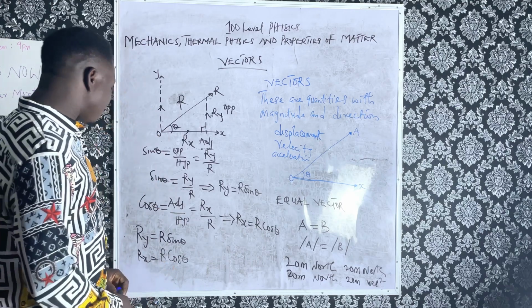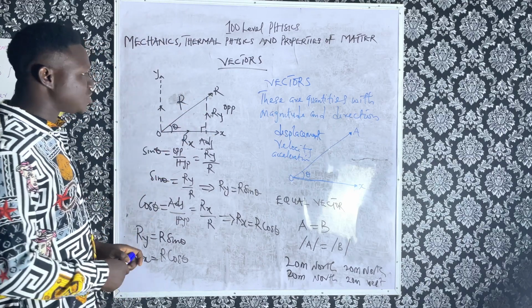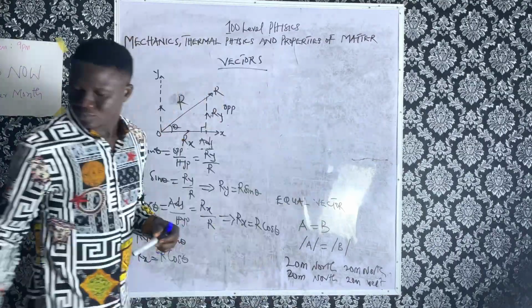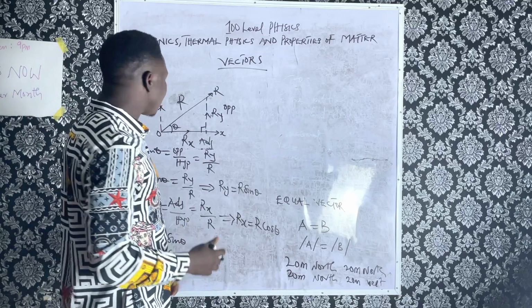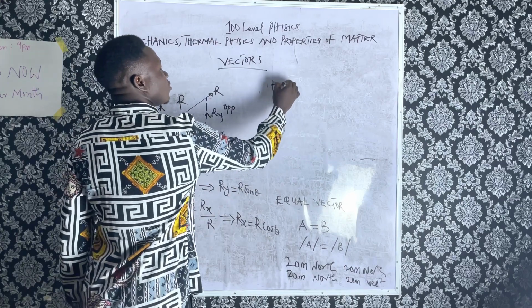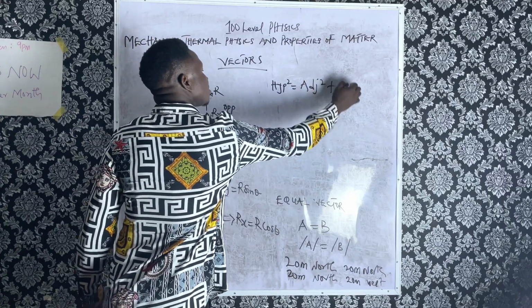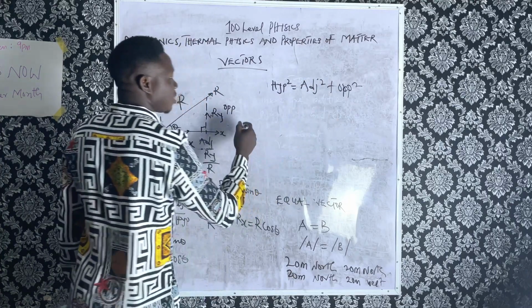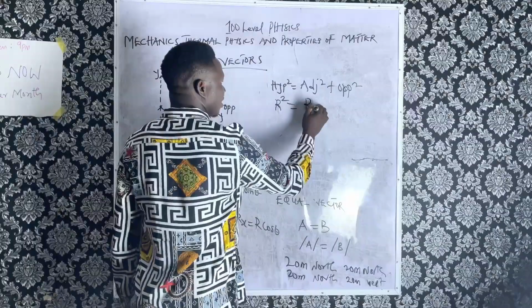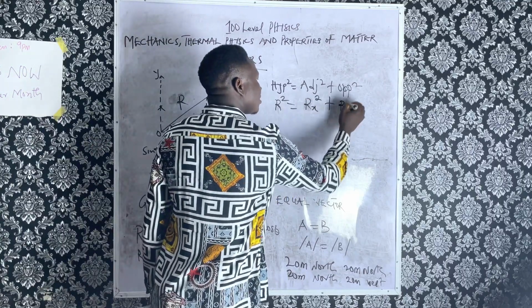Now, if I want to get the resultant force, if I add up everything here, all I use is the simple Pythagoras theorem that says hypotenuse squared is equal to the sum of the squares of the other sides, plus opposite squared. So R squared equals Rx squared plus Ry squared.